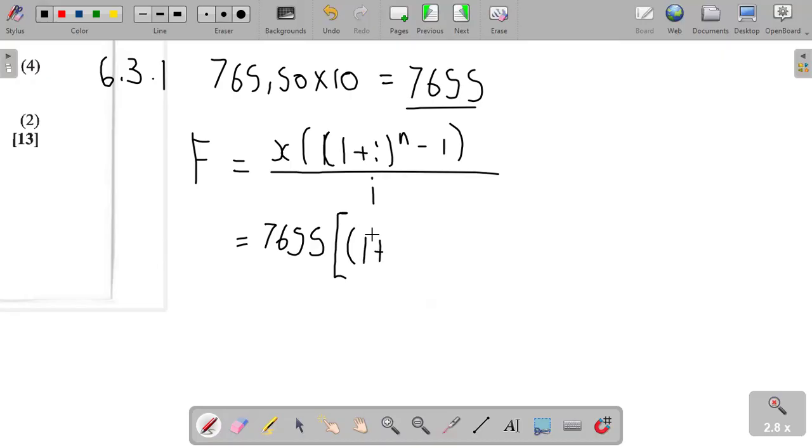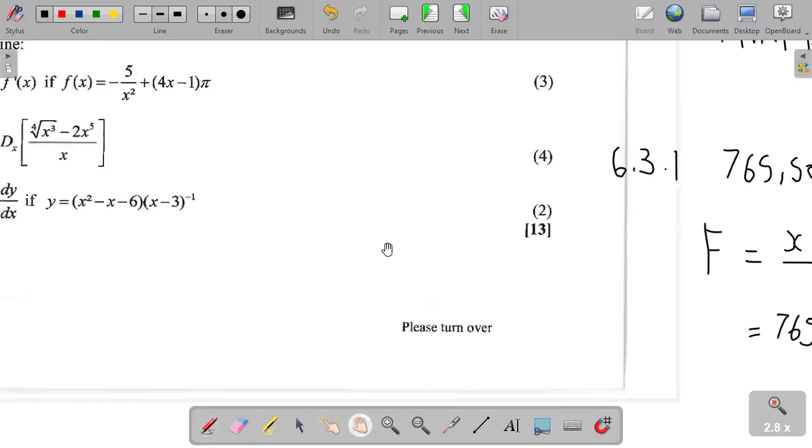And then our interest is how much? Our interest is going to be... where is our interest?